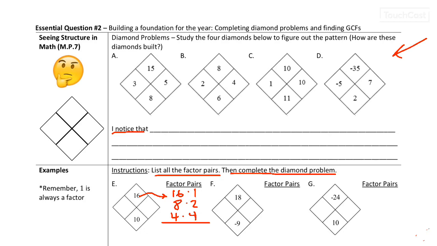And that list I'm going to write below. So it's going to be basically the same problem, 16 times 1, but now it's going to be negative 16 times negative 1, and then negative 8 times negative 2, and I'm running out of room here, but it's going to be negative 4 times negative 4.